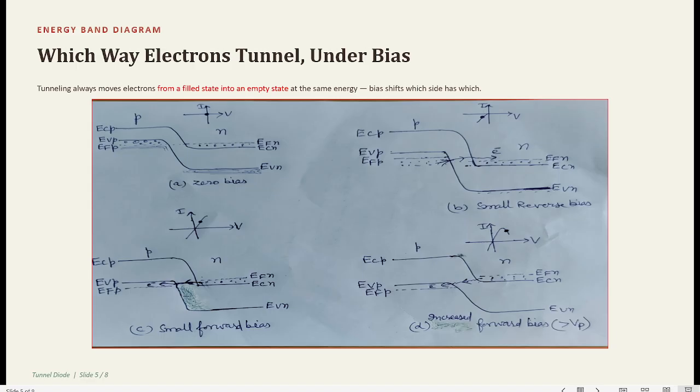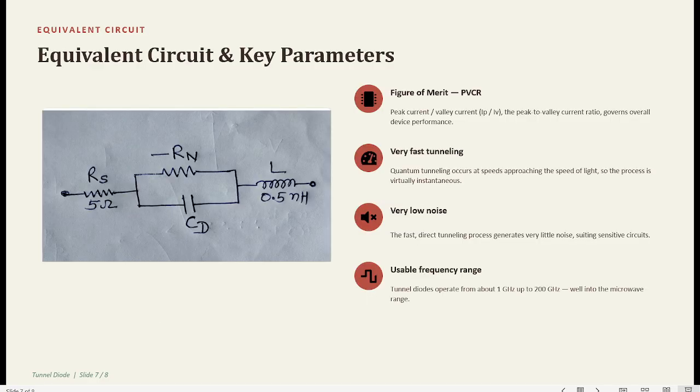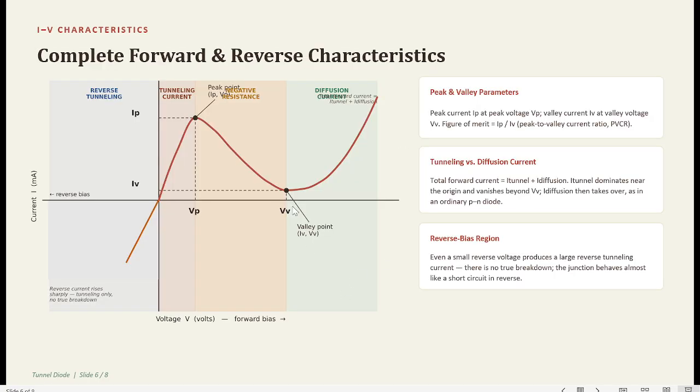Now if we increase the forward bias beyond this Vp value, then we will see that the bands will start bypassing each other, and filled and empty states will also be bypassing each other. So fewer filled states will now be facing fewer empty states. So the tunneling will start decreasing, and this will continue up to a value of forward bias which is known as the valley voltage or Vv.